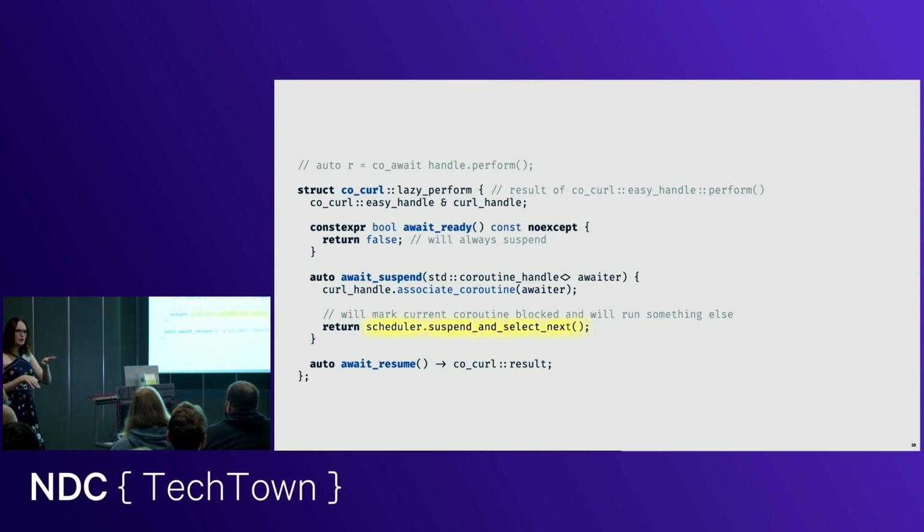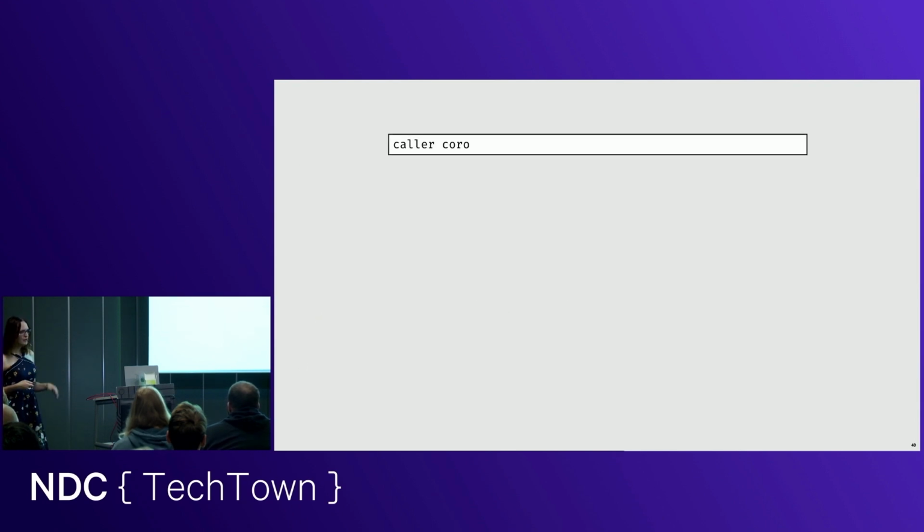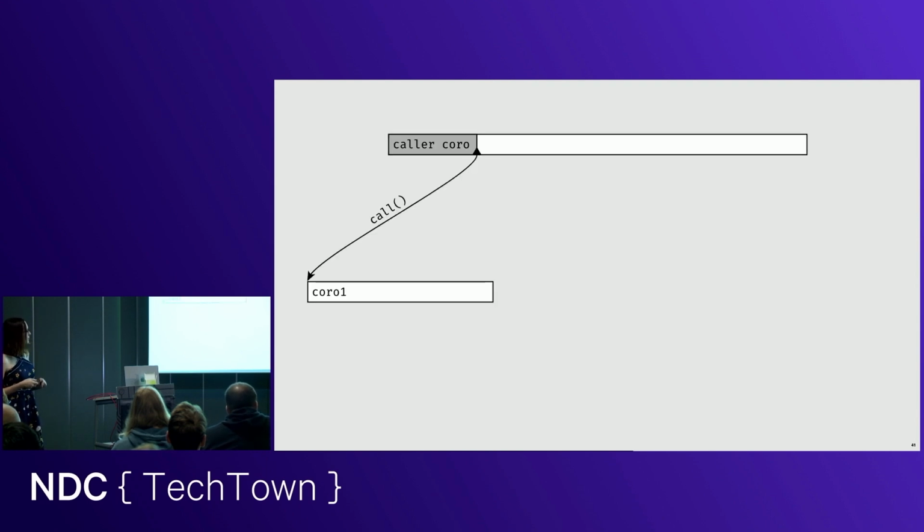It's a little bit of a weird trick to do, but it doesn't matter. So we have a caller coroutine, which will start a coroutine. It's just a normal call, and coroutine 1 will start, and run until it's suddenly blocked, because let's say I asked to download some file from the internet, so it's blocked.